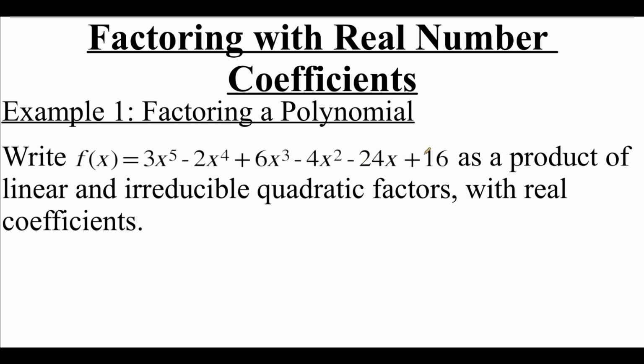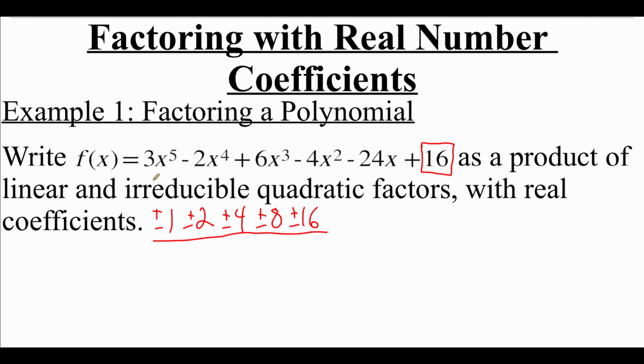And what I want to start with first is coming up with a list of possible zeros by using the rational zero theorem. So for the numbers in the numerator, I'm going to look at the factors of the constant term on the back end. So we've got 16. So the factors would be 1 and 16, 2 and 8, and also 4. But we have to remember the positive and negative versions of all of those.